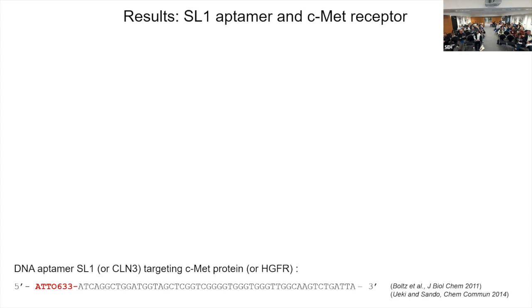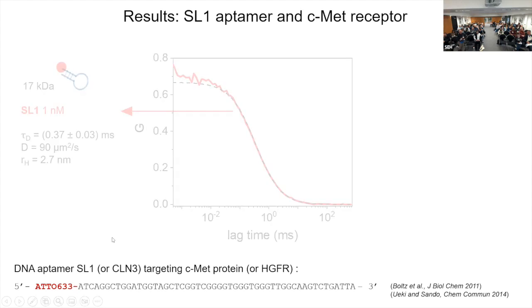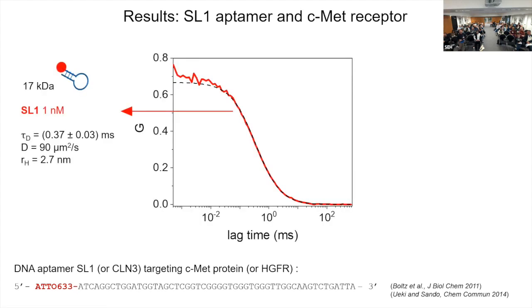We conjugated the aptamer with this fluorophore, and if we place 100 nanomolar of this aptamer in a solution and measure FCS, we get this. With a fit, we can obtain the diffusion time, 0.57 milliseconds, corresponding to a diffusion coefficient of 90 square micrometers per second and a hydrodynamic radius of 2.7 nanometers.